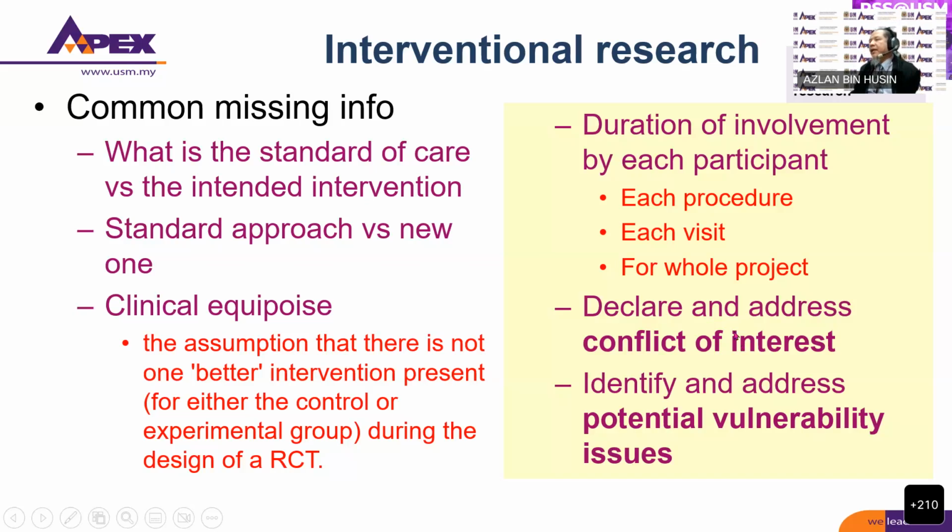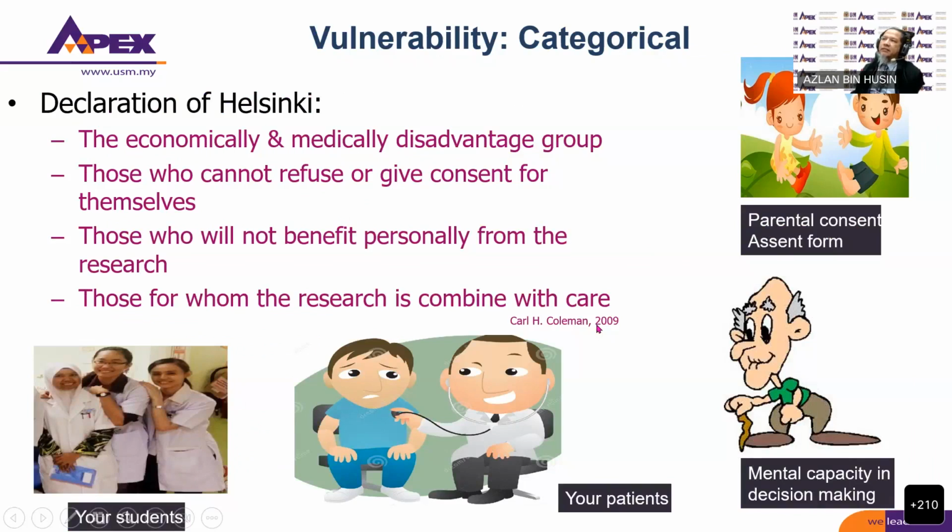All right. And identify and address what could be the potential vulnerability issues. People may understand what a vulnerable group is: children, the mentally ill, the elderly, the demented person, okay, or your subordinates like your students, your staff, maybe you are the HOD or dean, your staff, or it could be your patient.